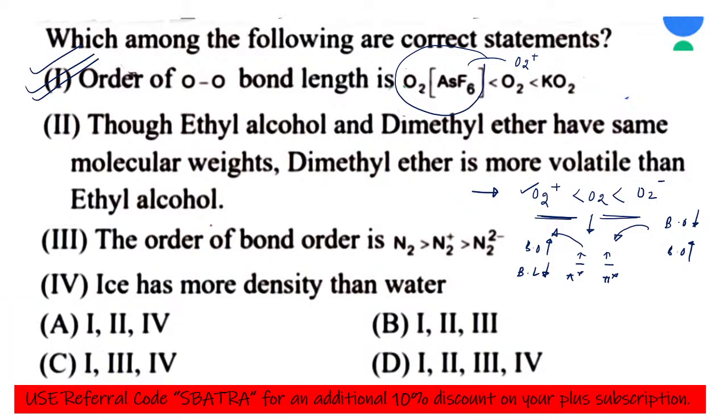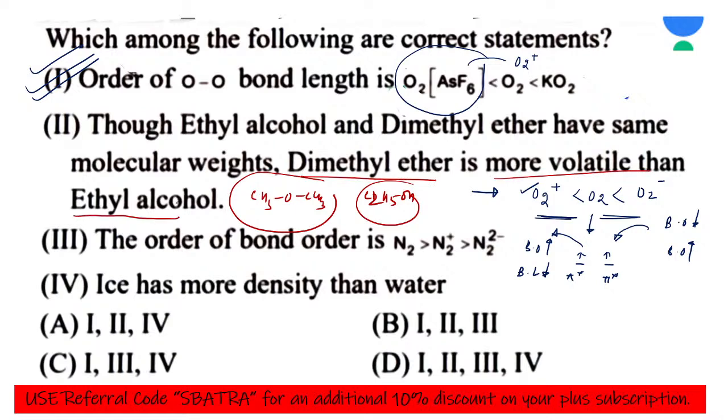Let's take the next option. Though ethyl alcohol and dimethyl ether have the same molecular weights, dimethyl ether is more volatile than ethyl alcohol. You guys tell me, it's given in the question that dimethyl ether is more volatile than ethyl alcohol.